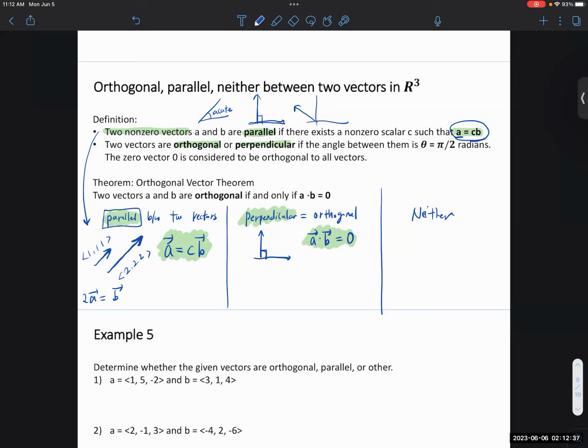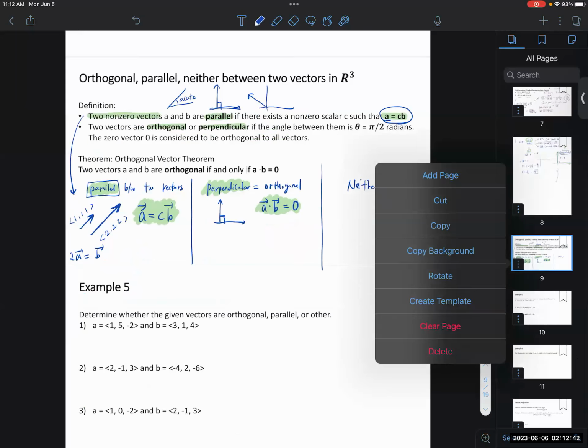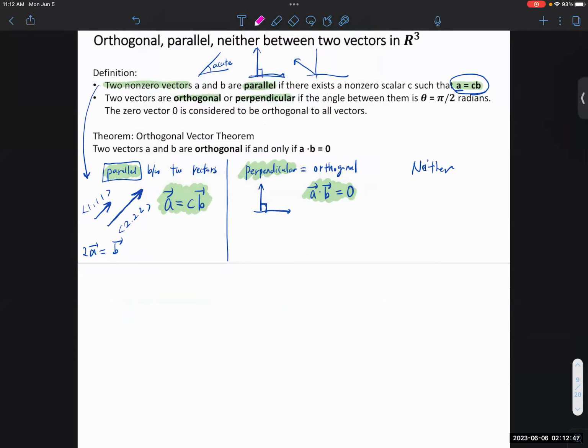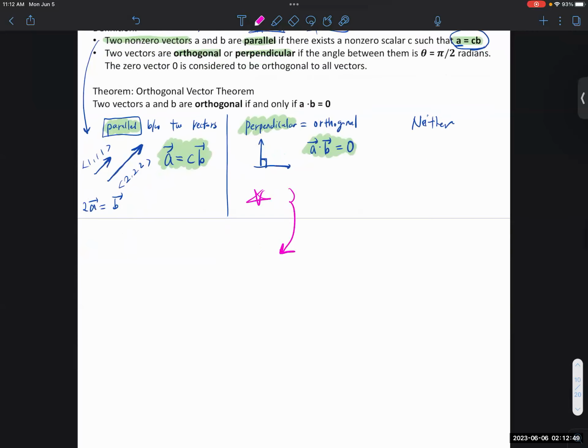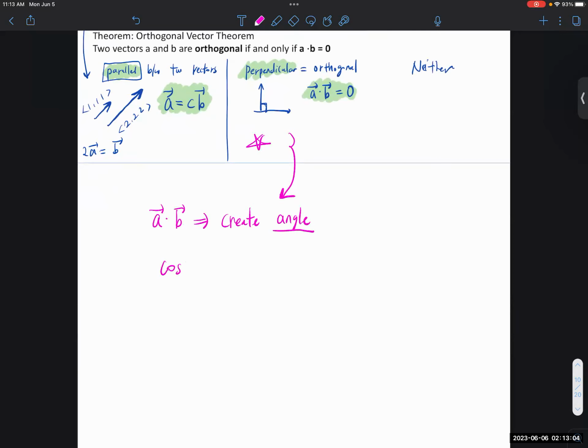I really want to emphasize this, so I'm going to prove it one more time. The perpendicular one is really important. If we have two vectors, A vector and B vector, they create an angle, correct? To find that angle, we use cosine theta equals A dot B divided by the magnitude of A times the magnitude of B, correct?